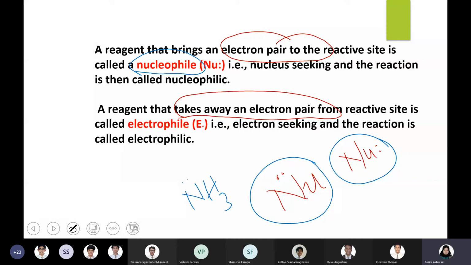A nucleus loving group or nucleus seeking group, that means they are looking for a positive charge. So they themselves are negatively charged or a neutral substance with a pair of electrons. The reaction involving a nucleophile is known as a nucleophilic reaction.